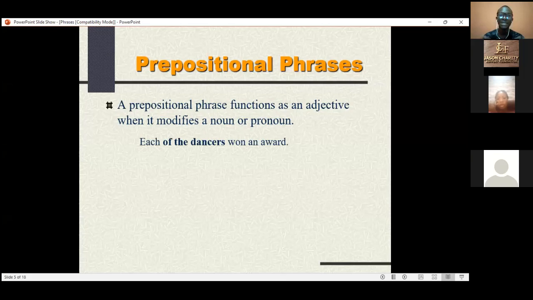Each of the dancers won an award. Now, what is the subject in this expression? The subject is what? "Each of the dancers" here will be, because it begins with what?